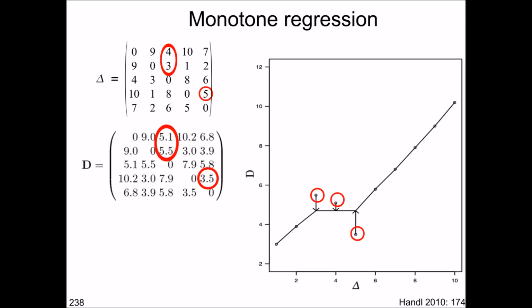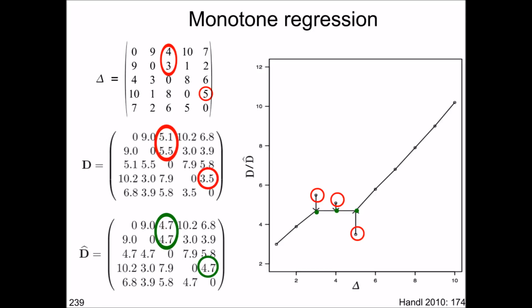There we have now 3 times the same distances, and then the monotonicity criterion is fulfilled. We don't have a decrease in distance along the x-axis anymore. And we obtain the so-called disparity matrix, and that is given by the 3 points. Now along this line, the distances for these 3 points are now all 4.7, and the ordered distance criterion is fulfilled.